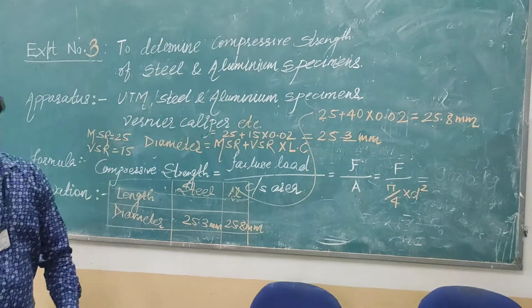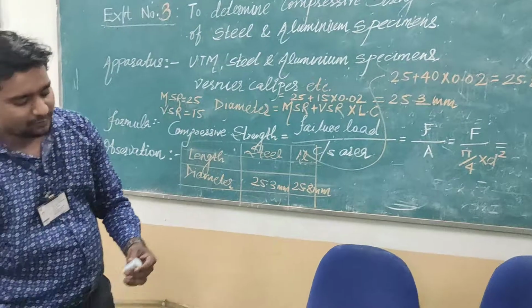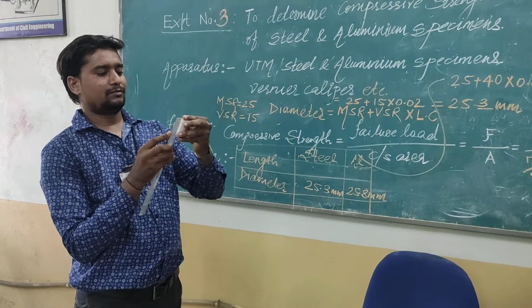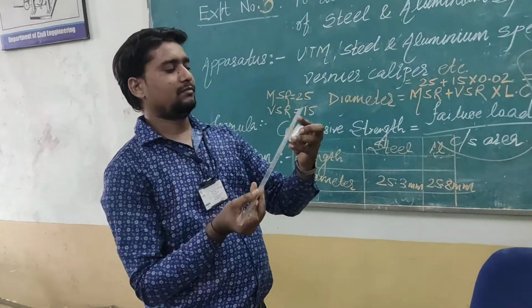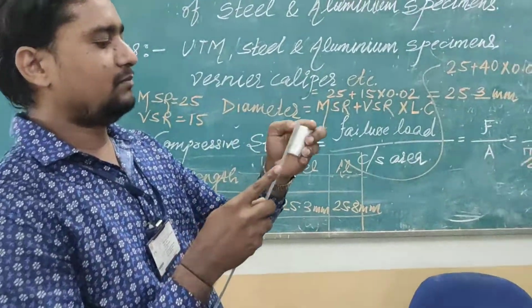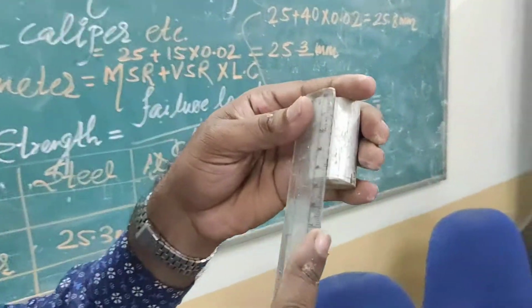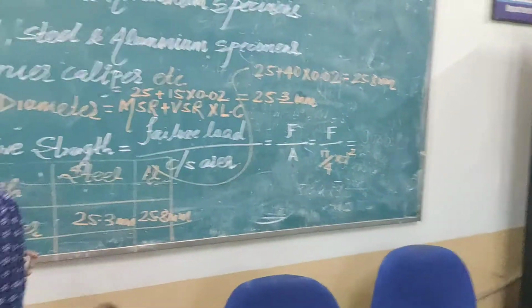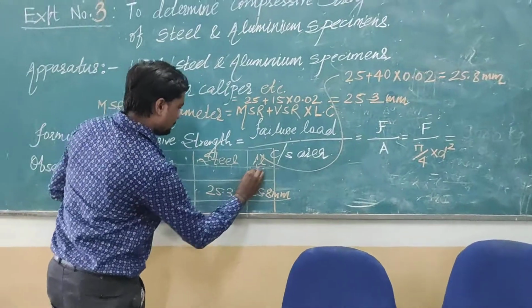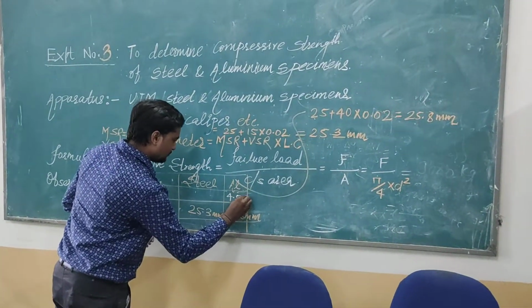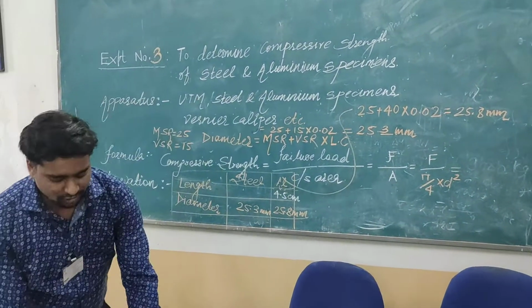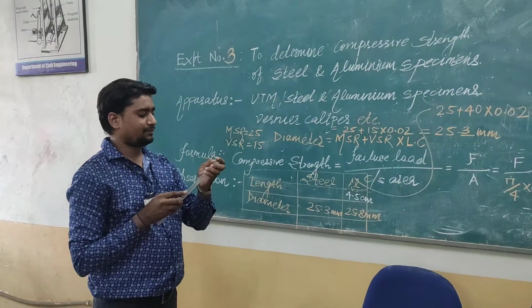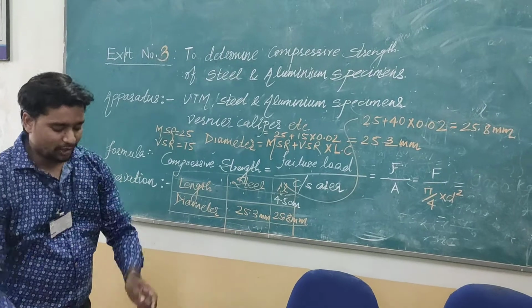With this, you have to take the length of this material. So the length of this aluminum bar is 4.5 centimeter. The length of this steel material is 4.8 centimeter.